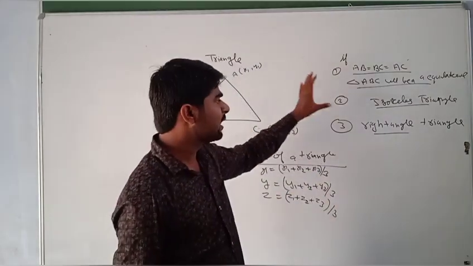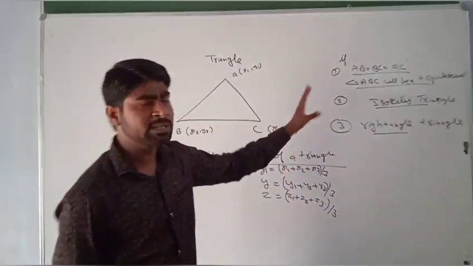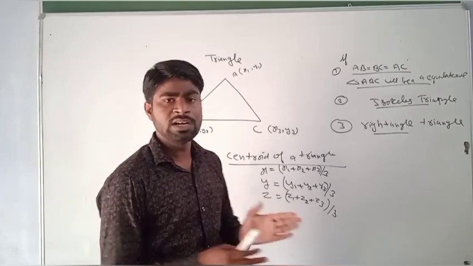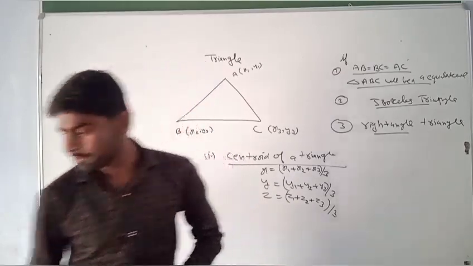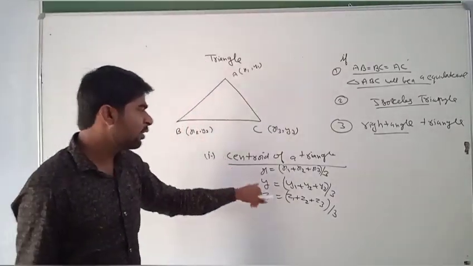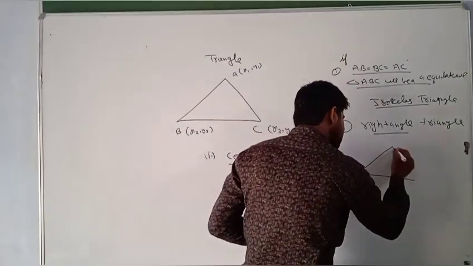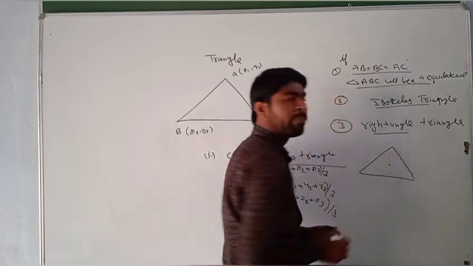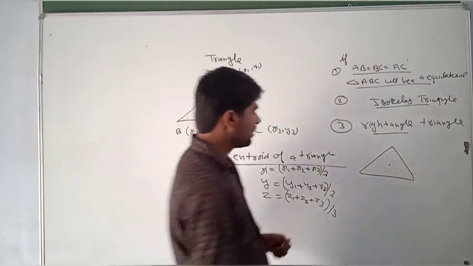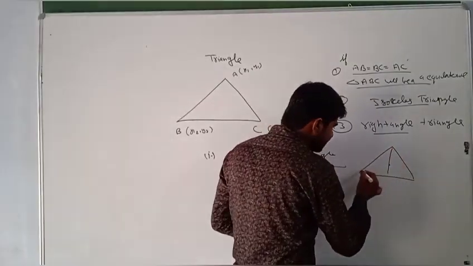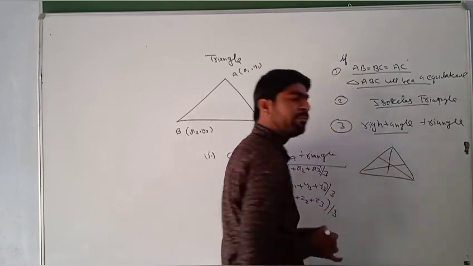First we will clear all the concepts related to this, then we will discuss different types of questions. Everyone knows what a centroid is. Centroid is a point where all the medians of a triangle meet.